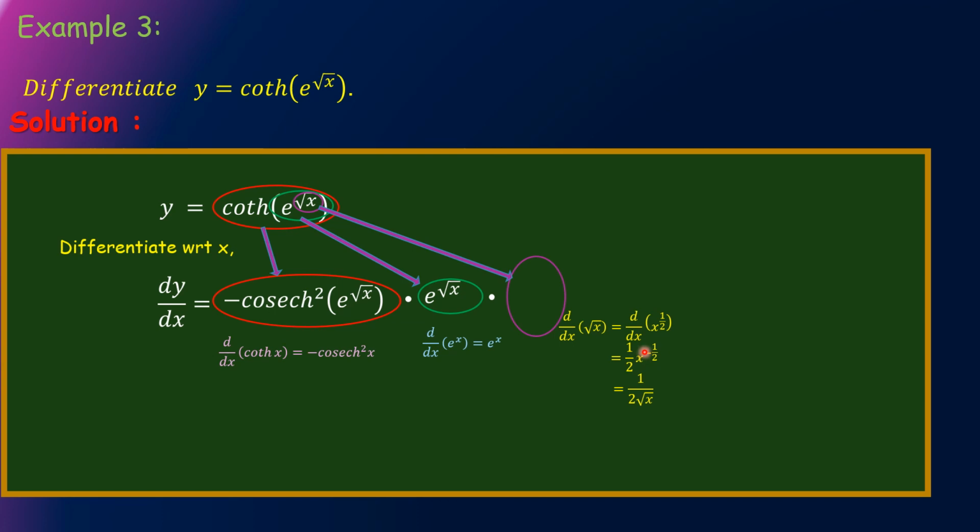And then we can move the power of negative half down. When we move it down, it becomes x to the power of positive half, and x to the power of positive half is root x. So the answer when we differentiate root x is 1 over 2 root x.